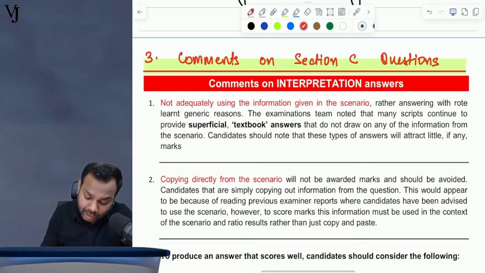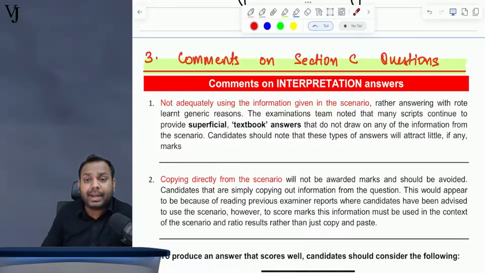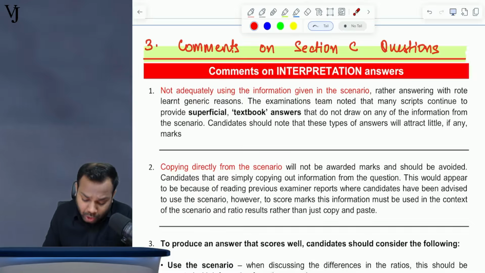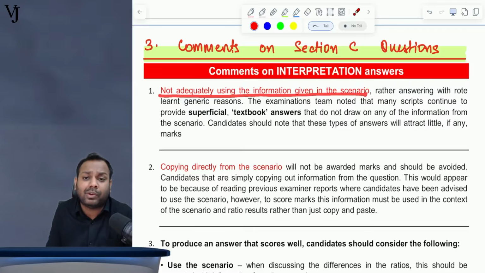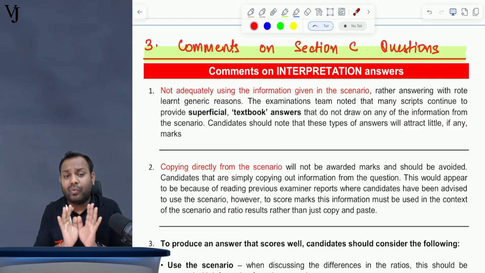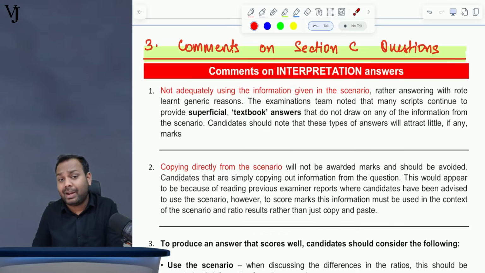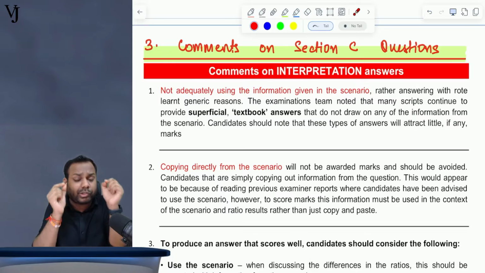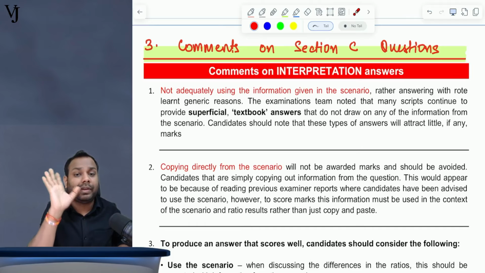On interpretation questions, what students do in the exam is not adequately using the information given in the scenario. I will tell you what they do and then guide you how to write your answers in the exam. Guys, this is the most important part, so please listen carefully.